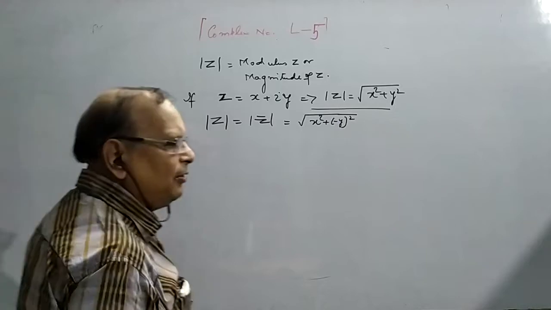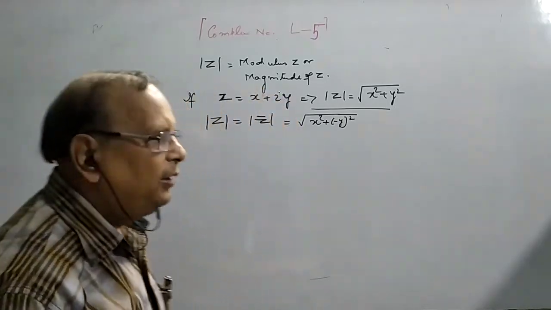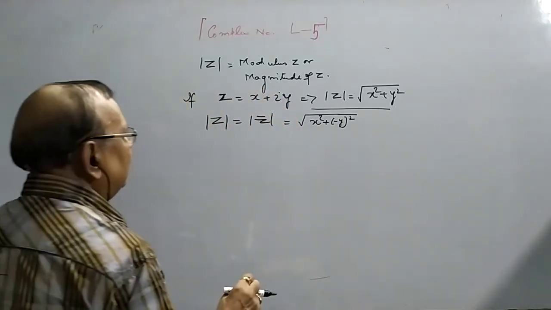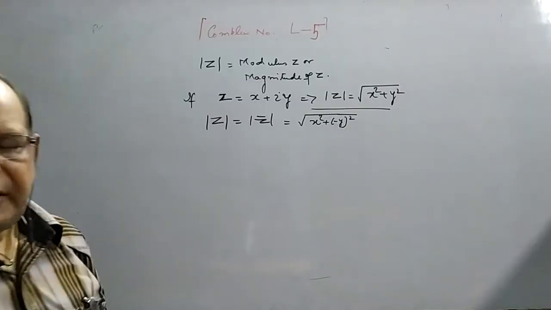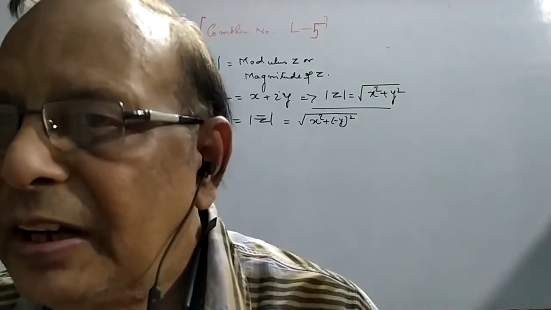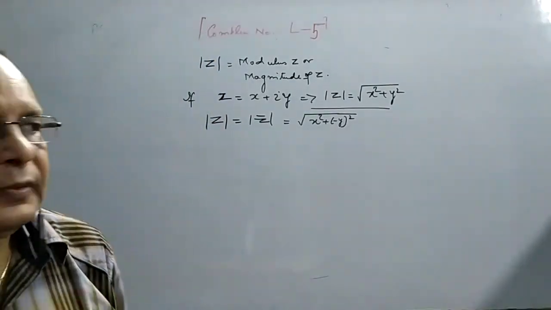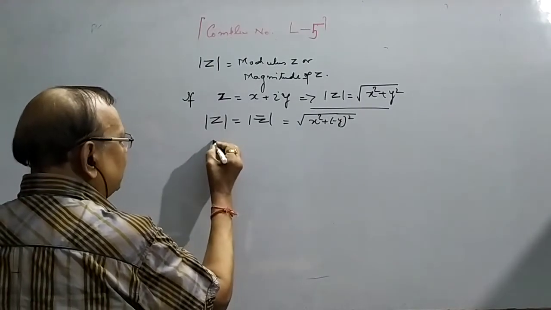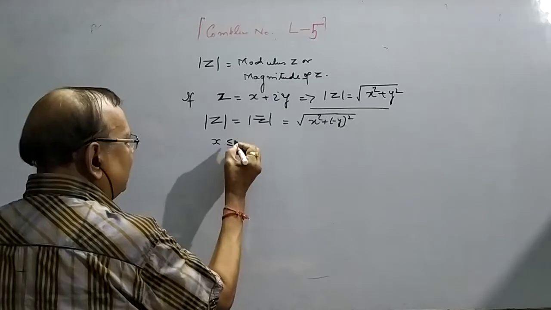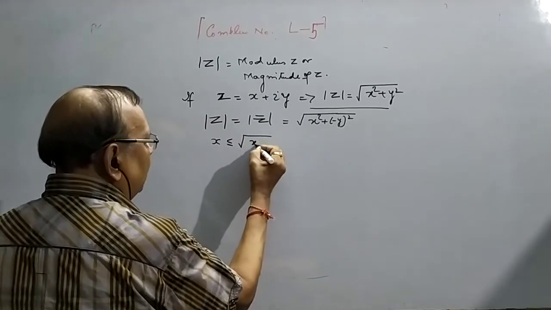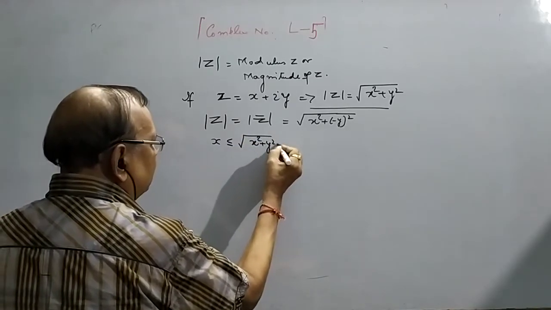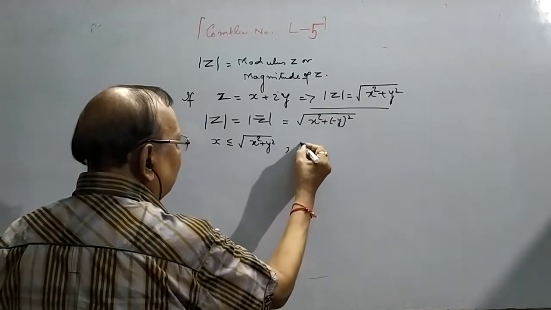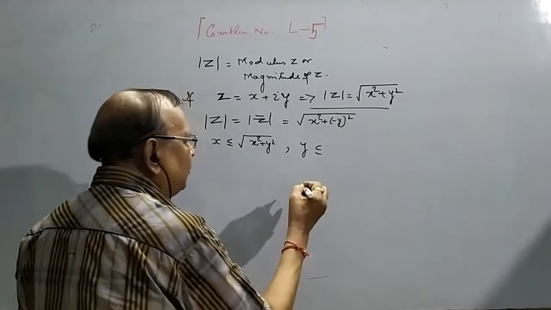And that will always be real positive. If mod Z complex number is non-zero, that will always be positive. Remember that. That is obvious. X is less than or equal to, as well as y is always less than or equal to.